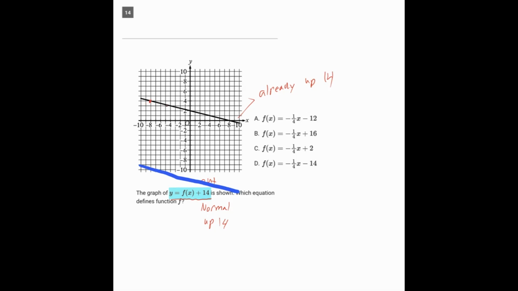So if I pick a point from here to here, you can see that it's going down 1 and over 4. That's why all these slopes are -1/4. But the y-intercept for all these functions in y equals mx plus b format is going from 2 to -12 because it's going down by 14. That's why the answer here is A.